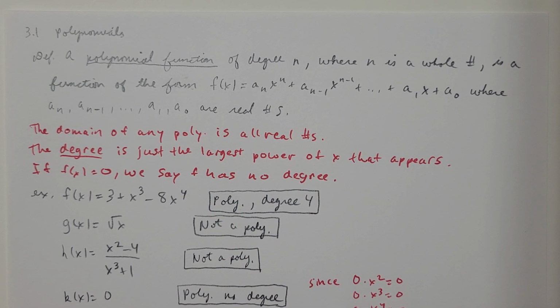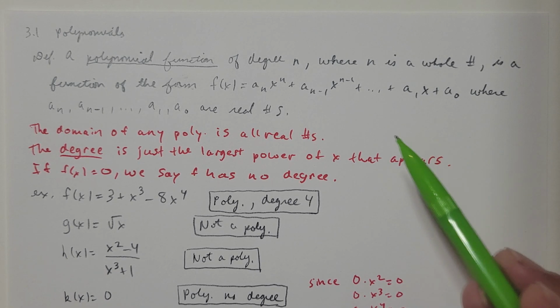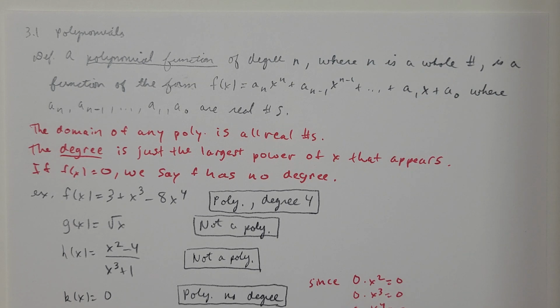Okay? Now, a couple of things here. So n is a whole number. A whole number is a non-negative counting number. So 0, 1, 2, 3, those are whole numbers. The domain of any polynomial is all real numbers.